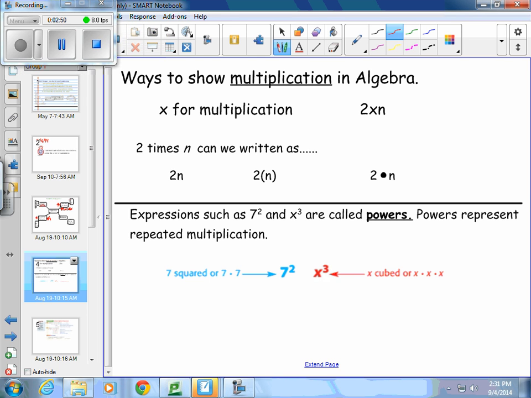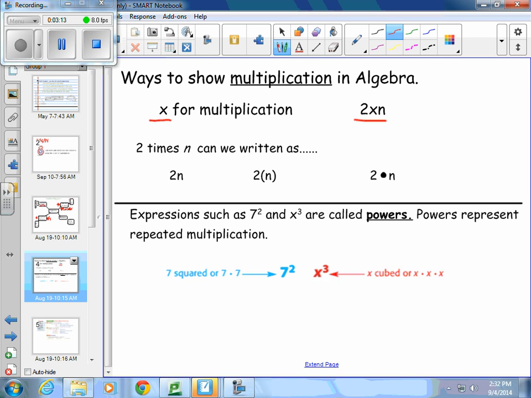So talking about multiplication, a lot of times we are used to using an x for multiplication. So 2xn would be the same as 2 times n. Now that we're in algebra and we're going to be using variables a lot, and remember a variable is a letter, a lot of times we use x for a variable.